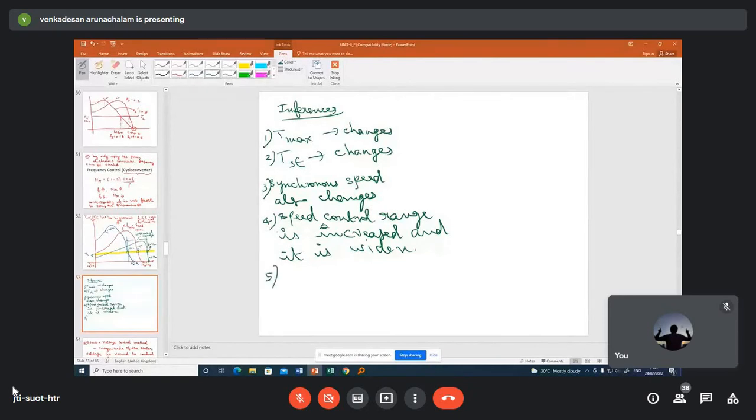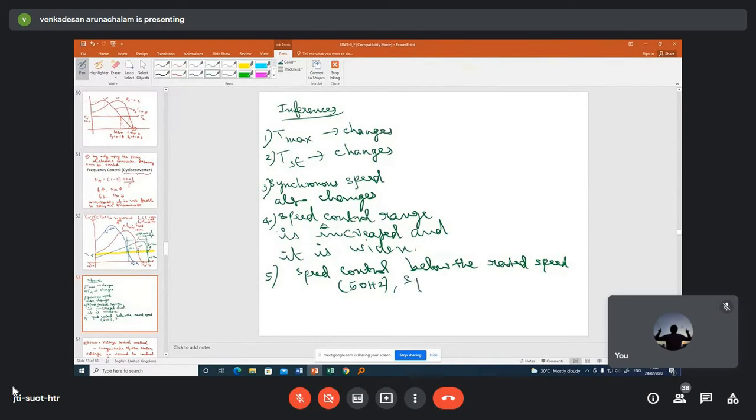Fifth inference is that if you want speed control below the rated speed, below the rated speed means that is corresponding to 50 Hz. Okay, speed control below the rated speed means it is corresponding to 50 Hz frequency, right?